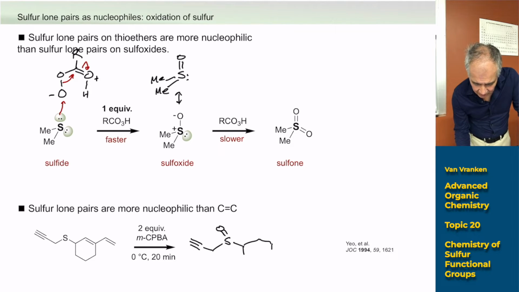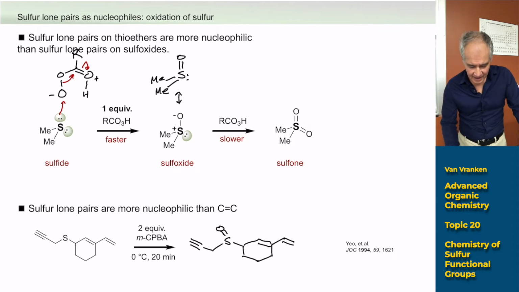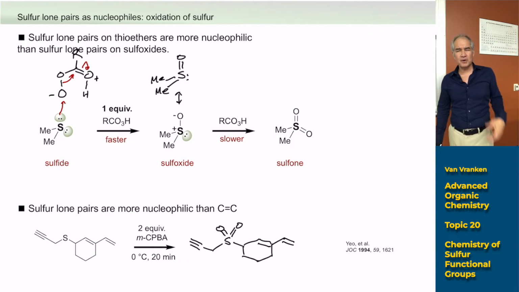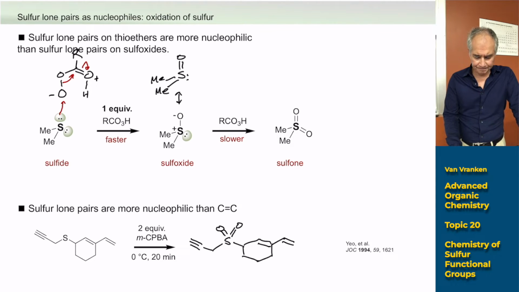Even though there's an alkyne that has 2 pi bonds in there, even though there's not just an alkene, but a diene, and dienes are way more nucleophilic than regular alkenes, you specifically oxidize, in this case, not just once, but because they add a second equivalent, you oxidize twice. So the lone pairs on both the thioether starting material and the sulfoxide intermediate, those lone pairs on sulfur are more reactive than the double bonds in this reaction.